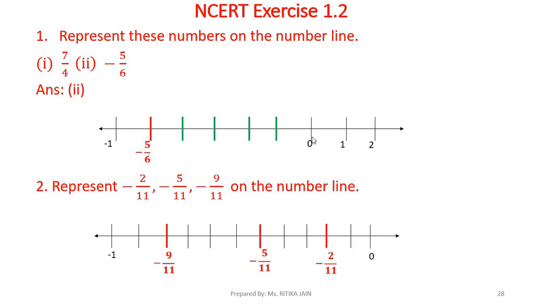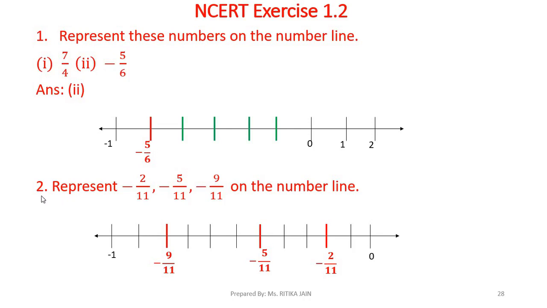We will divide this region into 6 equal parts. So count first, second, third, fourth, fifth and sixth. Done? Now look at the numerator. The value is 5. It means the fifth line from 0. So count first, second, third, fourth and fifth. So here at this red line, -5 by 6 will be represented.